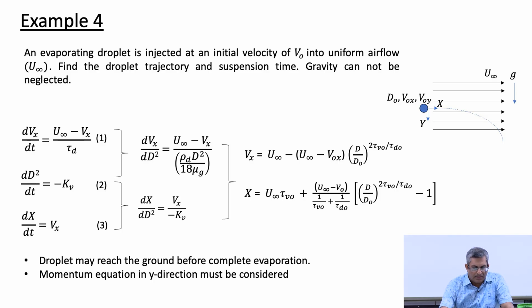Now, here we can combine this and get an expression for the y component of droplet velocity in terms of particle size. This is also analytically solvable, though again this requires introduction of a suitable integrating factor to facilitate the integration. And then by combining these two equations, we can get the expression for y also.